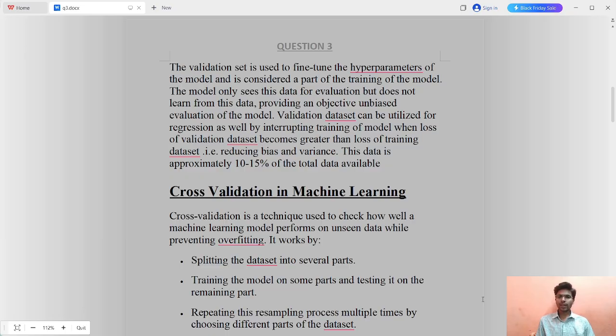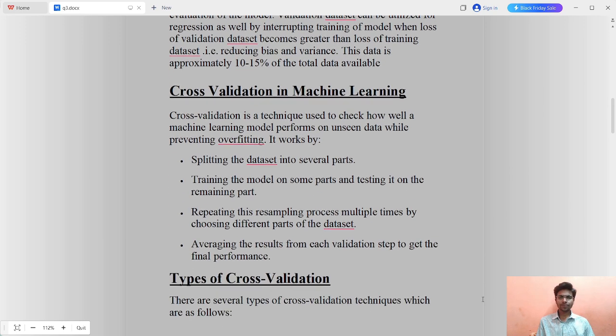The validation dataset can also be utilized for early stopping of training when the loss on the validation dataset becomes greater than the loss on the training dataset, reducing bias and variance. This data is approximately 10 to 15% of the total available.